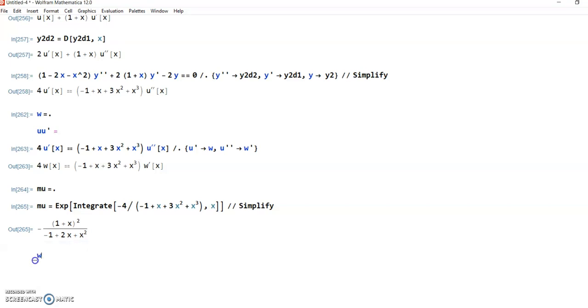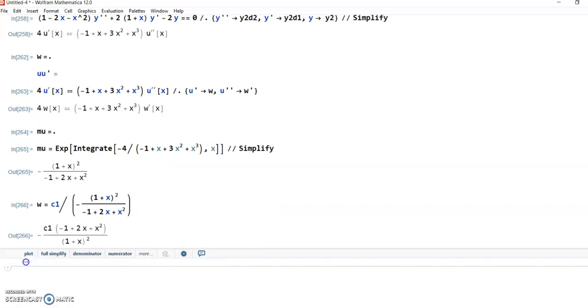So the value of w can be written like this. C1 is the constant which I have taken, and the value of w is something like this.